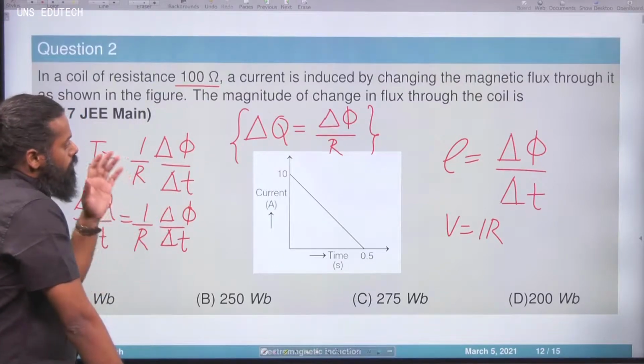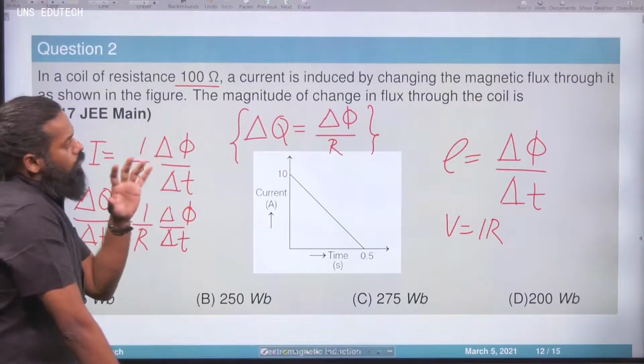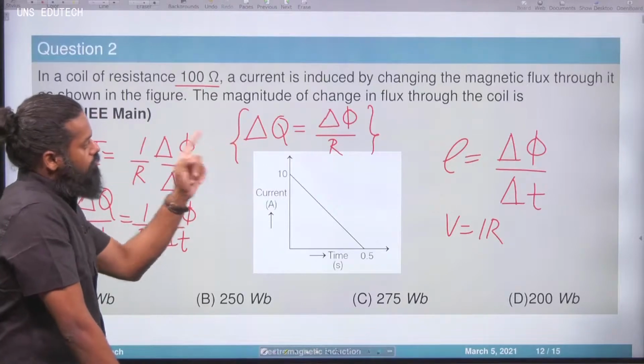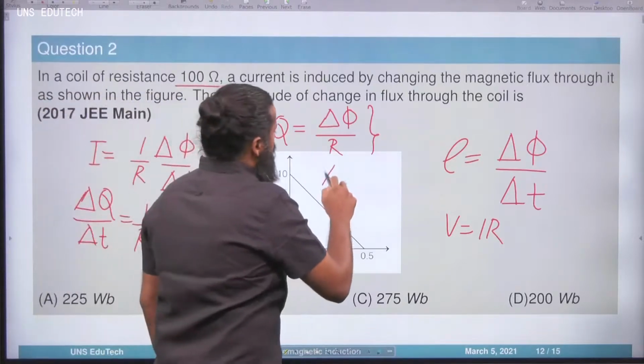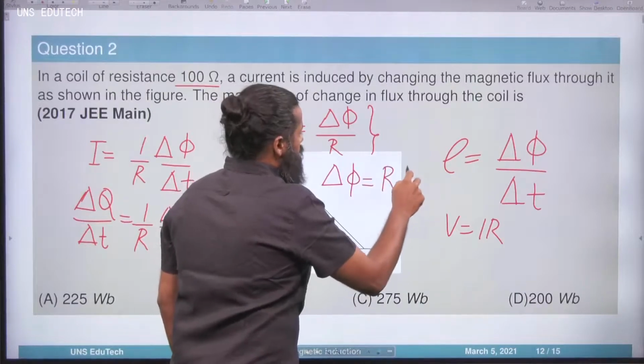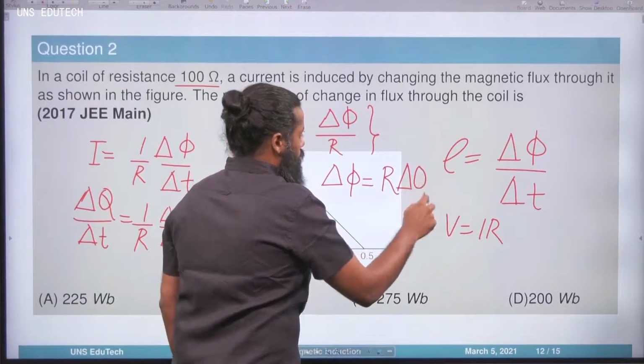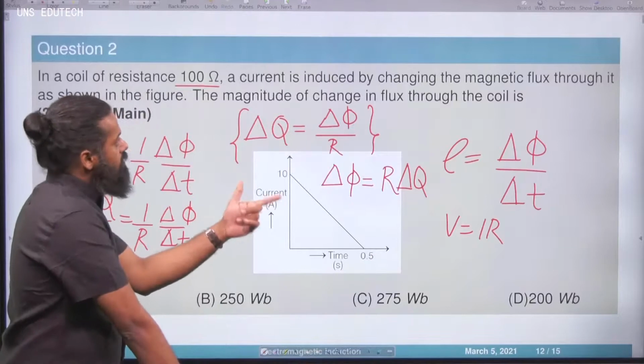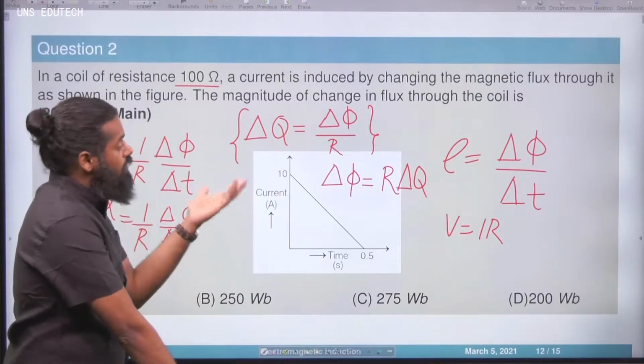So here you already know you have to find the total change in flux. So delta phi you are looking for will be equal to resistance into delta q. Now resistance is already given, 100 ohms. What is q?